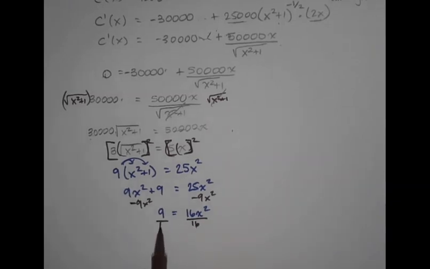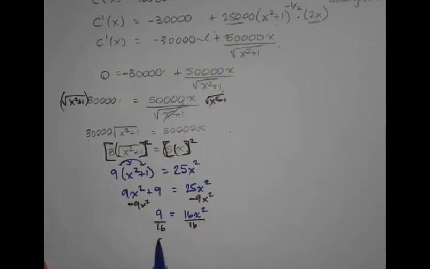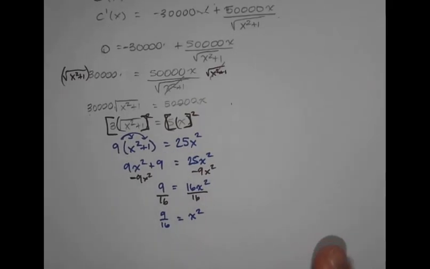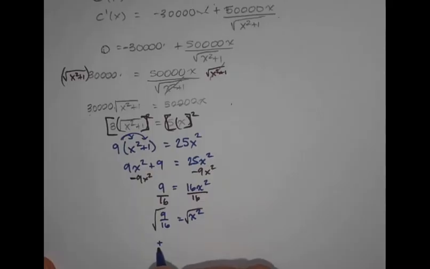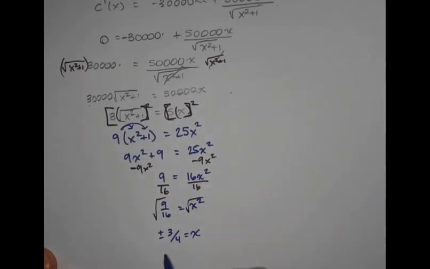Divide both sides by 16. So 9 over 16 equals x squared. And then if I can do the square root, all right, I get positive negative 3/4 equals x. So this is our critical point for x.